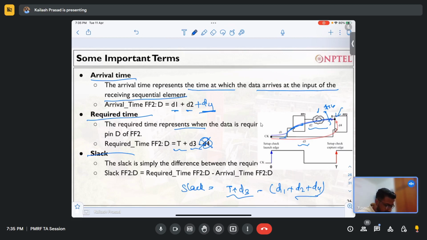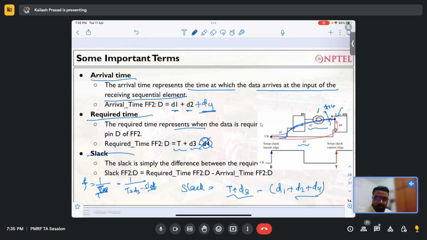Exactly. So let me write it down. The frequency will be 1 by total time, 1 by T. In this particular case, it will be 1 by T plus D3 minus slack. If slack is 0, that is the maximum frequency you have.